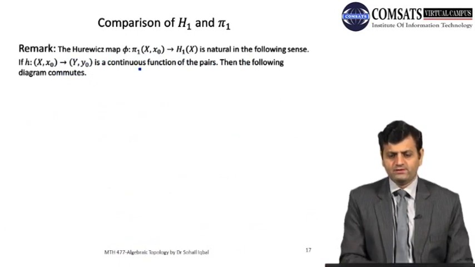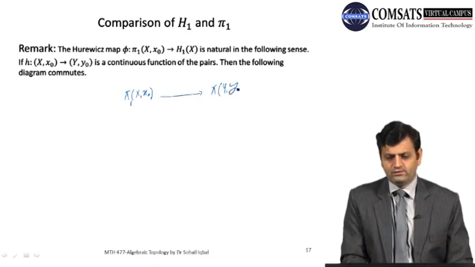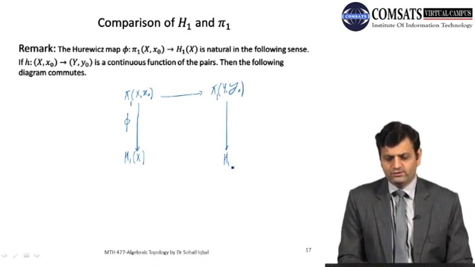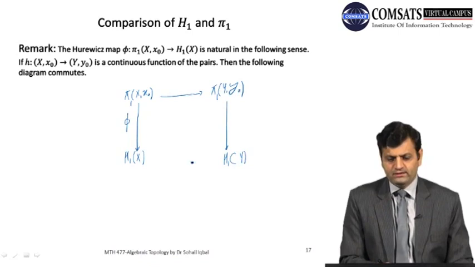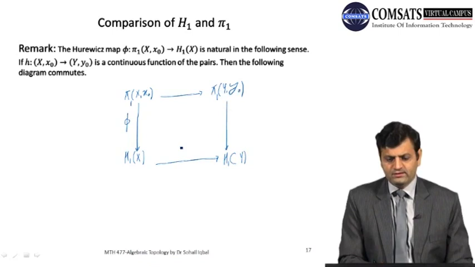So this Hurewicz map is natural in the following sense: if we have a continuous function from X0 to Y0, then we have the following Hurewicz maps from pi 1 of X0 to H1 of X, and pi 1 of Y0 to H1 of Y. And of course if there is a continuous function from X to Y, then there is another map, h lower star, between the homologies.